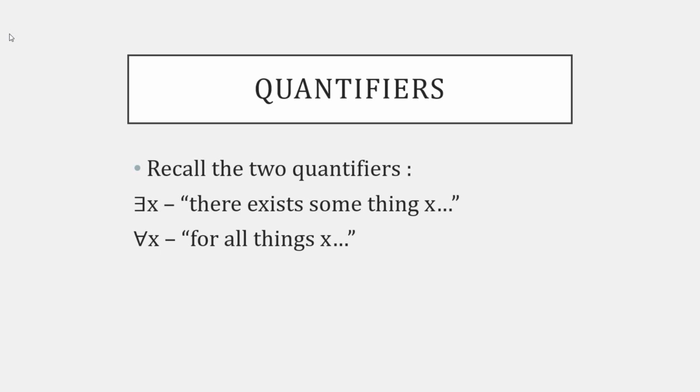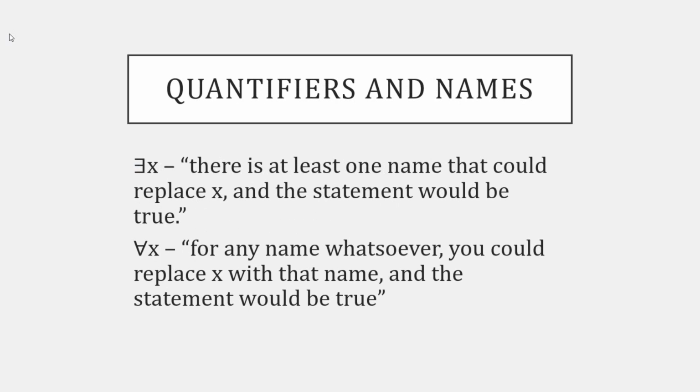Recall that we've got two quantifiers that we're working with. The backwards E says there exists something such that X, and the upside down A says for all things X, blah, blah, blah. Recall also that we can understand what these quantifiers say by thinking about how we could substitute names in where these variables are.